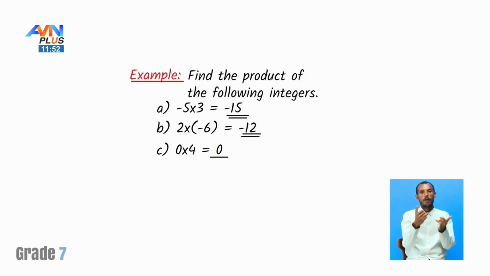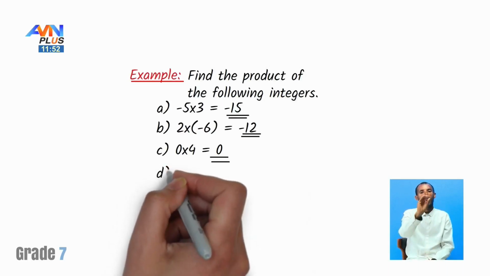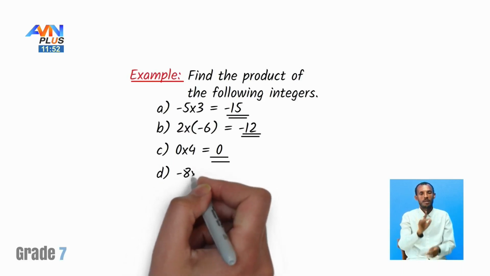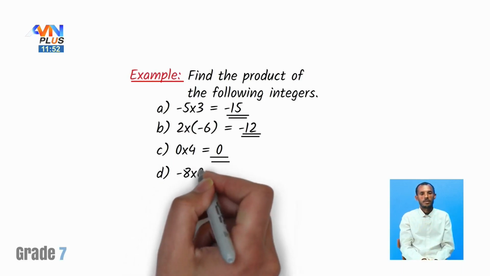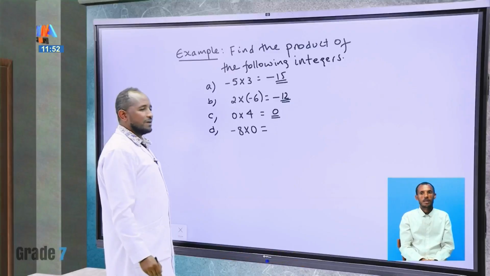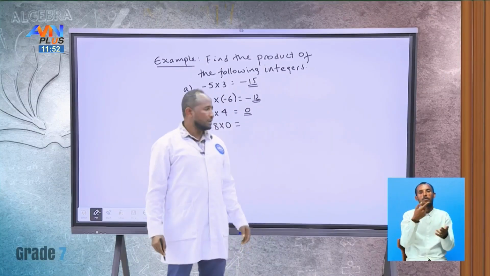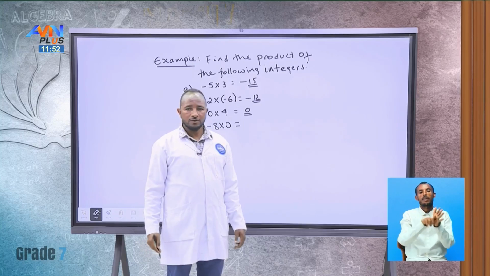Now let's proceed to example D. Take these two numbers: negative 8 times 0. What is the product of these two numbers? Negative 8 and 0. Good.